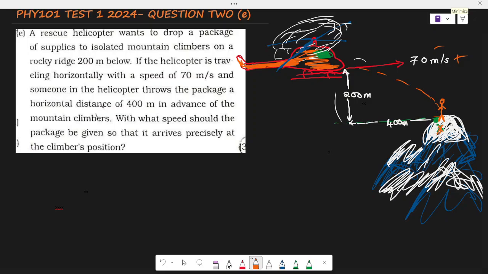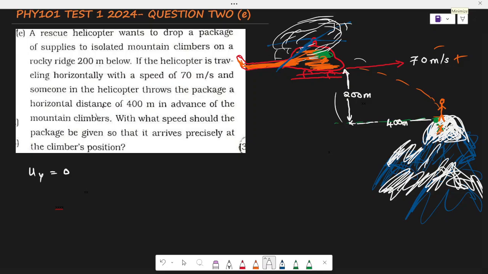But we can use the vertical part of this question, because if this person in the helicopter is throwing these packages horizontally, the vertical velocity as he throws them, which is uy, is going to be equal to 0.